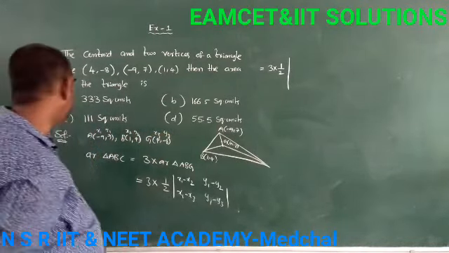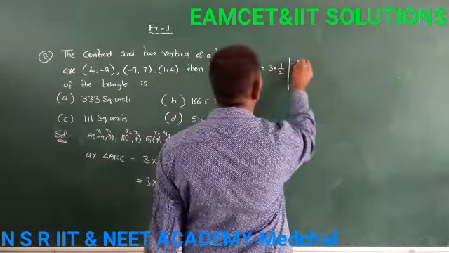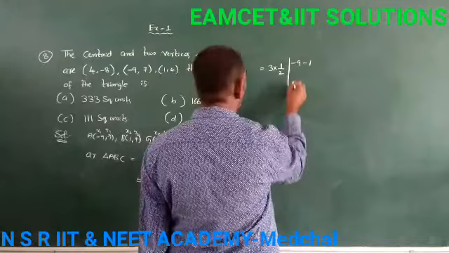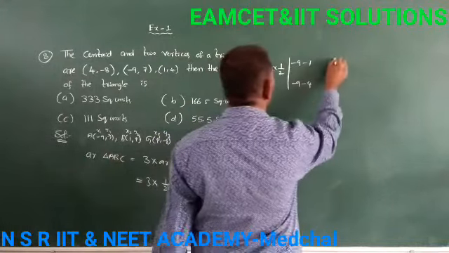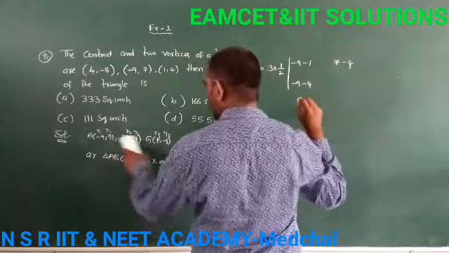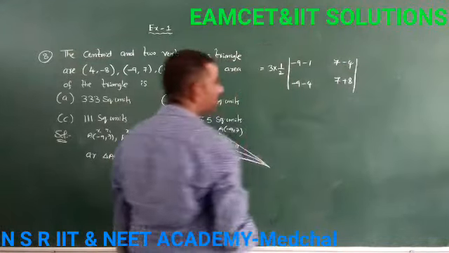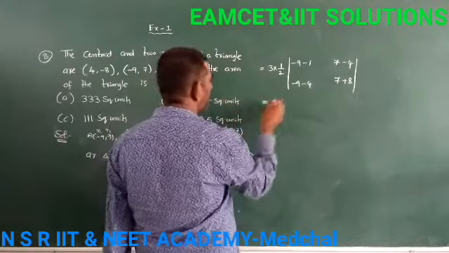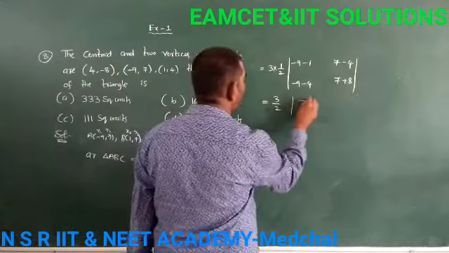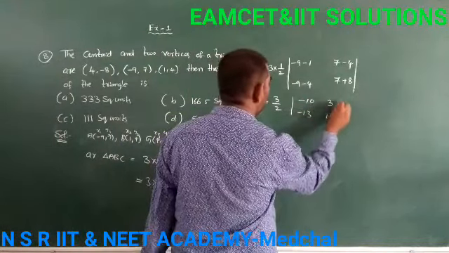So substitute the values. x1 minus x2 is minus 9 minus 1, next minus 9 minus 4. Similarly y1 minus y2 is 7 minus 4, and 7 minus of minus 8 becomes plus 8. So area of the triangle ABC is 3 by 2 of the determinant minus 10, minus 13, 3, 15.